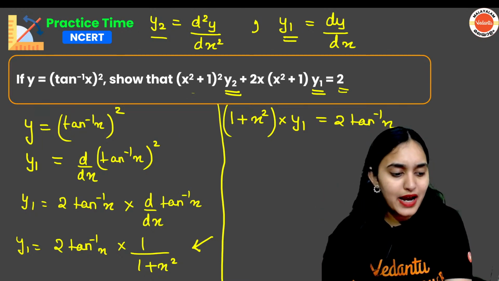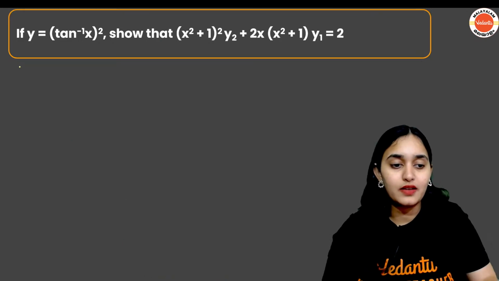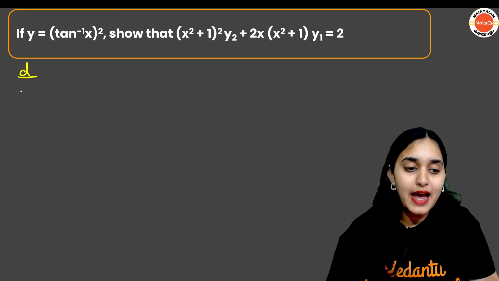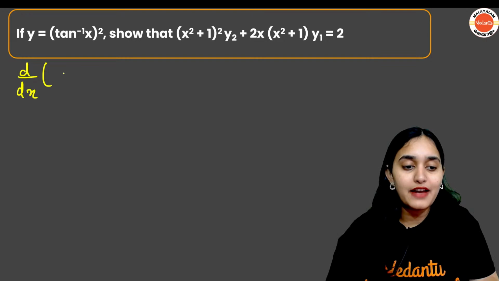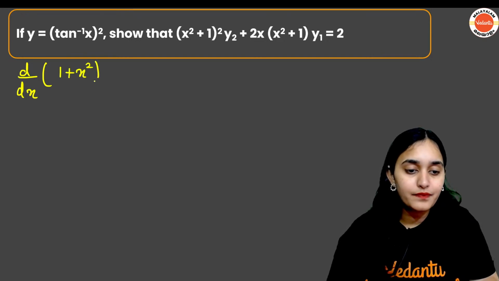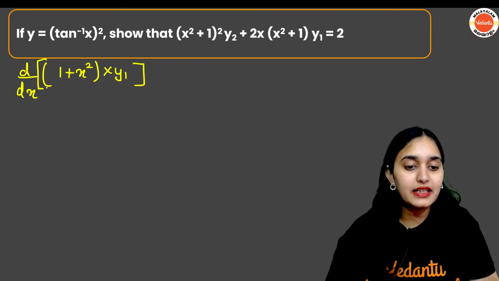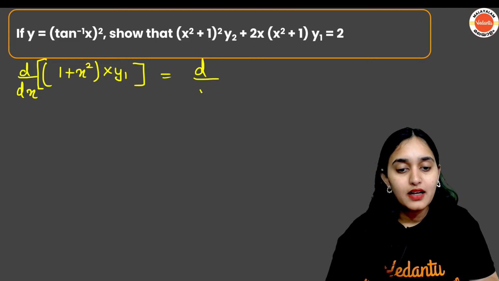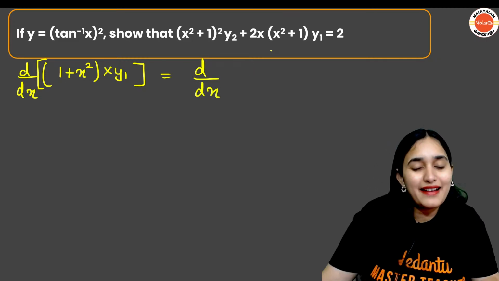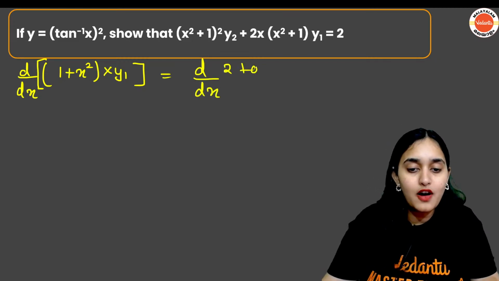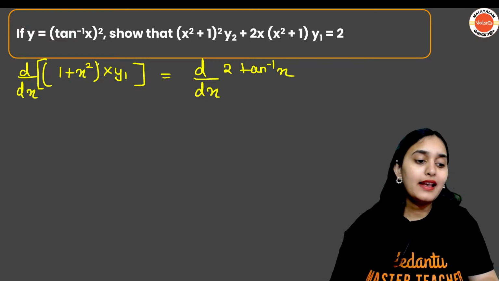Yes. So now I will simply differentiate this function. I am going to differentiate the left hand side, that is 1 plus x square into y1, and the right hand side, that is 2 times tan inverse x. Let's see what we get.